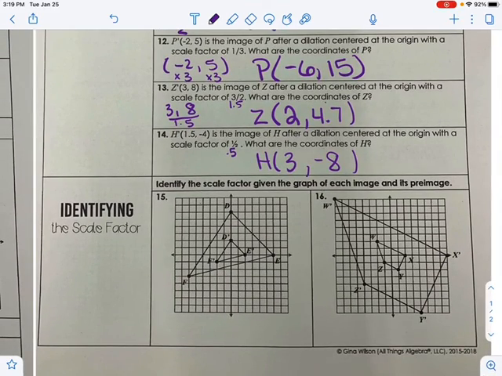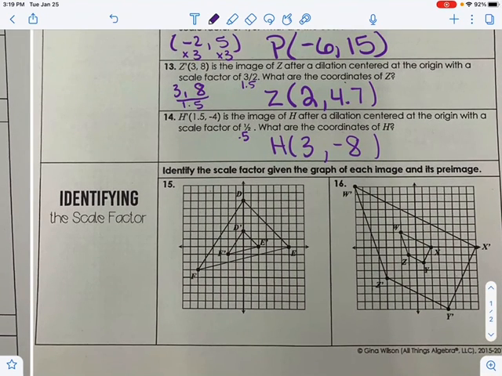Last but not least, identifying scale factor. When doing this, you just need to focus on one letter. So for example, in number 15, I'm going to focus on letter, let's do F. And so I'm just going to zoom, and I'm going to look at our original F is at -6, -3, and our F prime ended at -2 and 1.